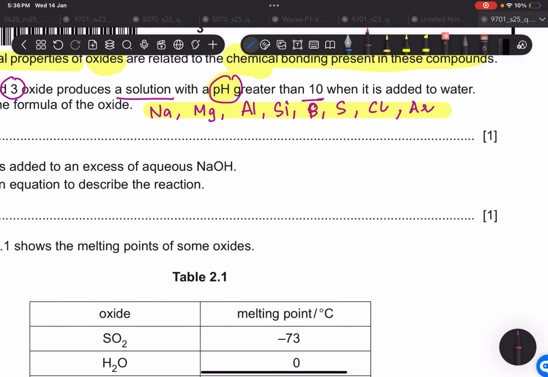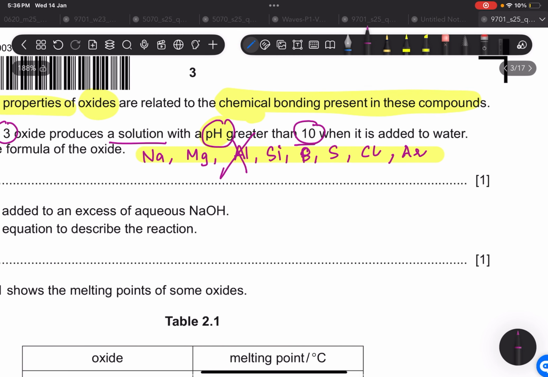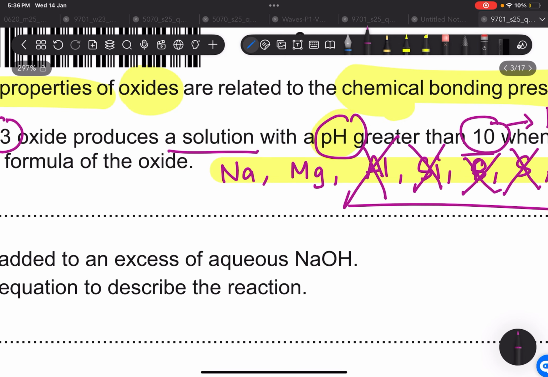Aluminum is amphoteric, so cut it down, so it's going to react with both acids and bases. pH greater than 10 means we're looking for a basic oxide. Okay? We need a basic oxide. Silicon, phosphorus, sulfur, these are all acidic oxides. Either it's sodium or magnesium that can give you a pH greater than 10.